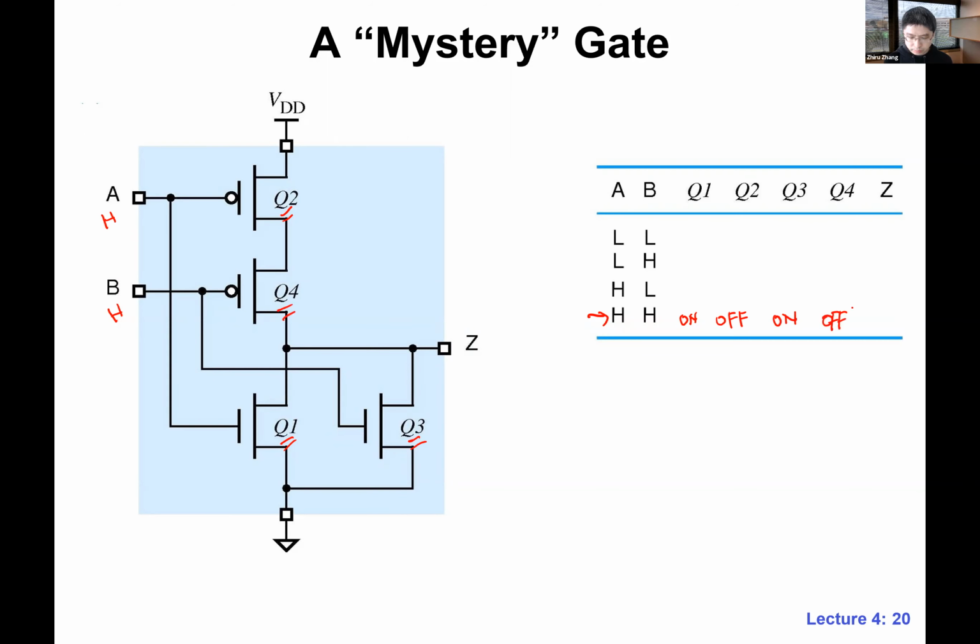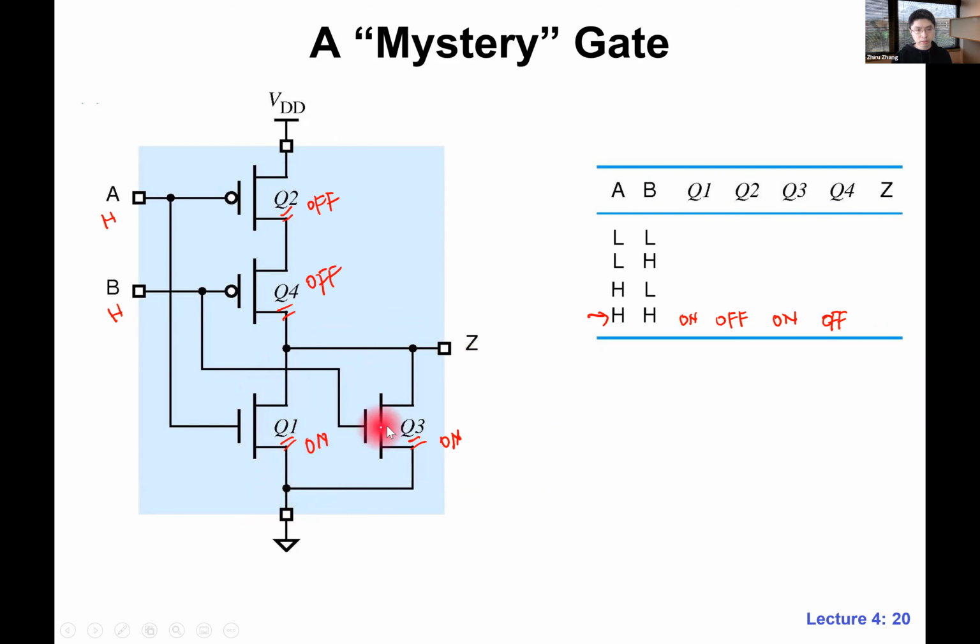So what is Z? Which part is conducting? Which part is connected, PMOS or NMOS? This is off, off, on, on. NMOS, very good. So the bottom network, the lower part, the NMOS network, is conducting.